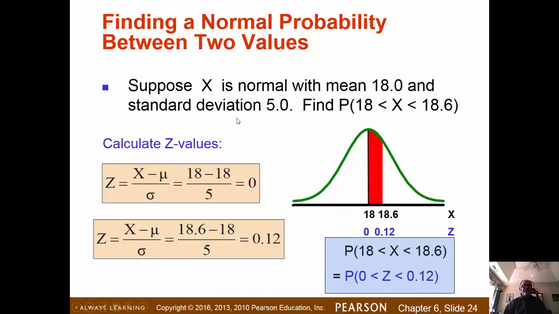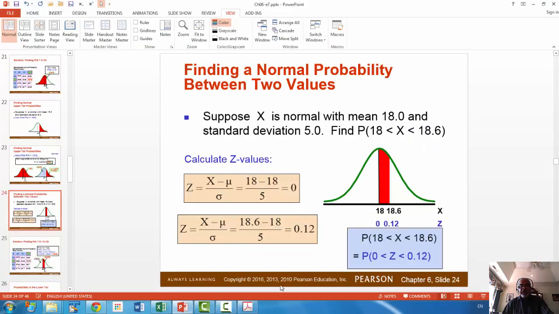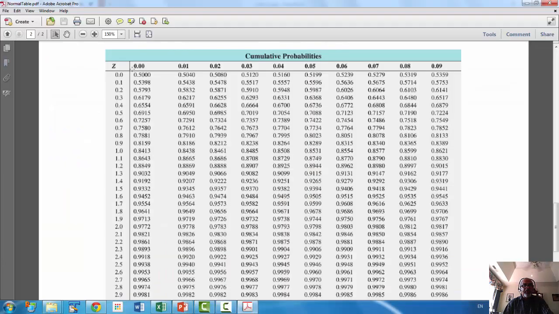Now suppose x is normal with mean of 18, standard deviation of 5, and we want the probability from 18 to 18.6, something like this. Now for 18, z is 0, because 18 minus 18 is 0. For 18.6, z is 0.12. So now you get two table areas. The table area for z equal to 0 is 0.5.